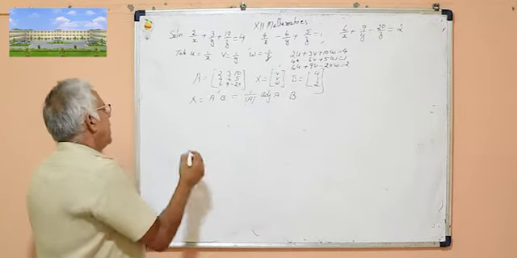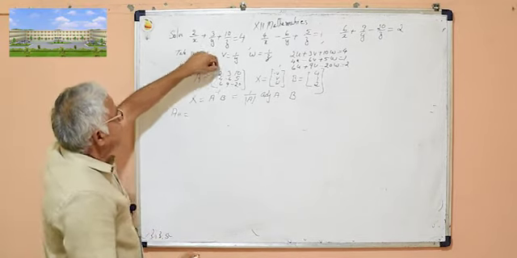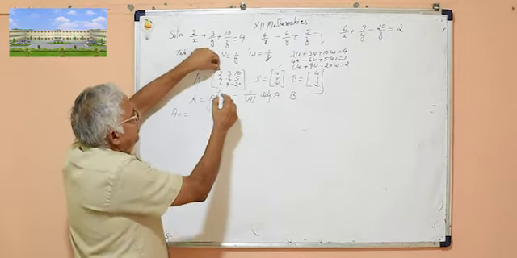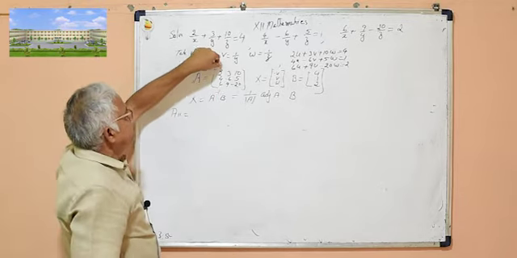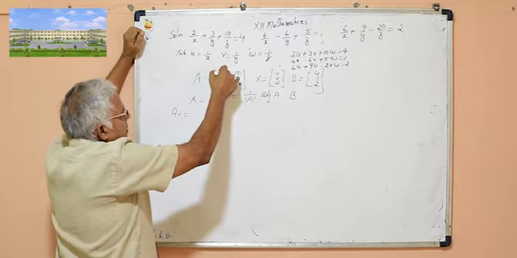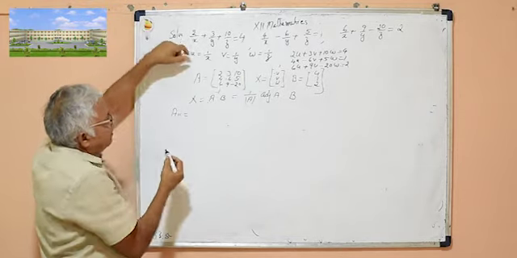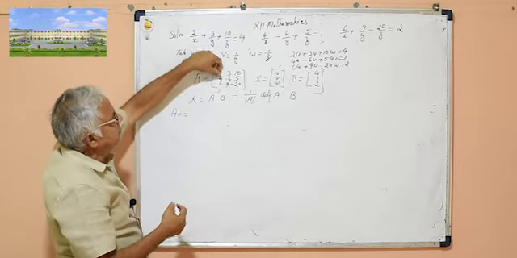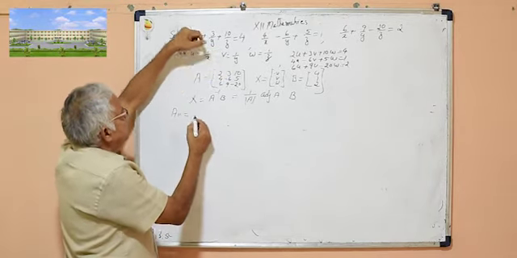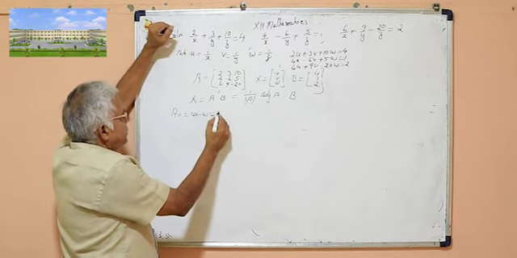Find the adjoint of A. For A11, delete the row and column containing that element. The cofactor of the element 2 is 120 minus 45, which is 75.